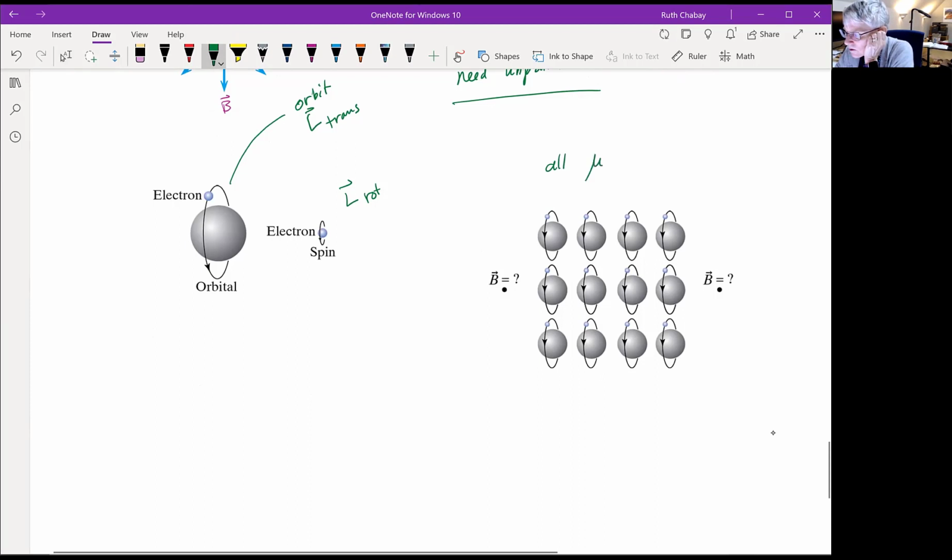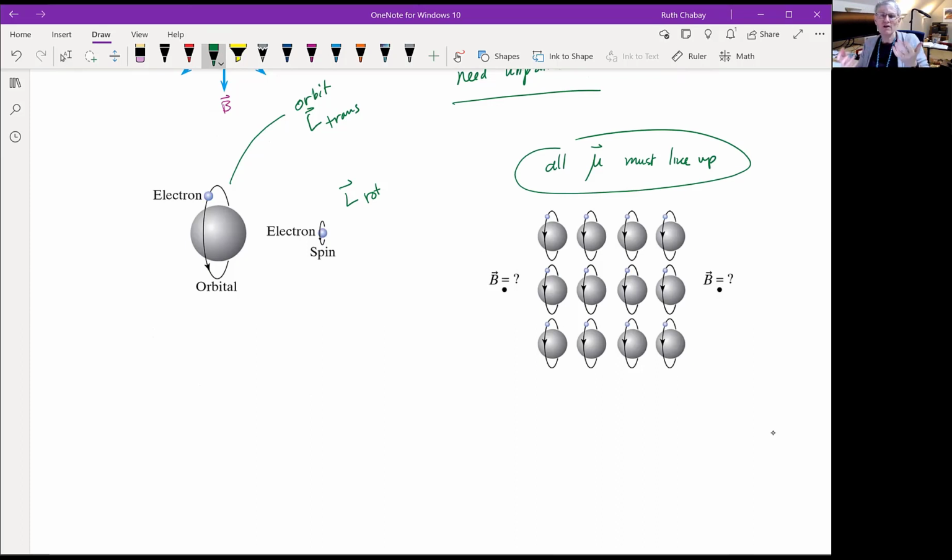There aren't that many substances where this works out. First of all, you have to have unpaired electrons. And second, magnets don't really want to all point the same direction.